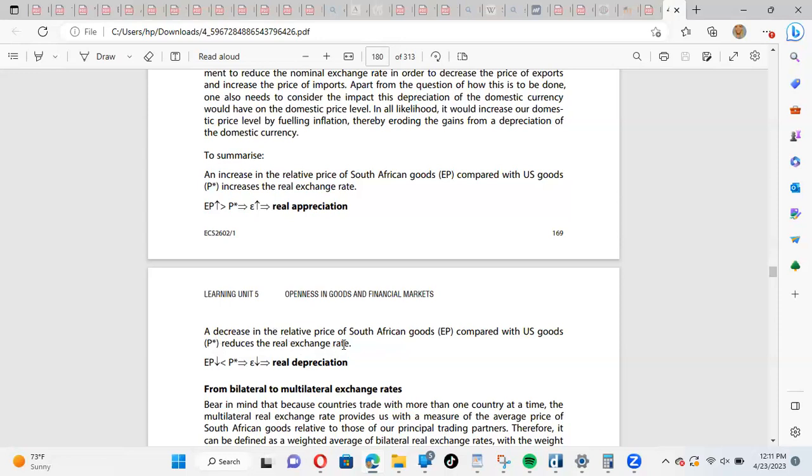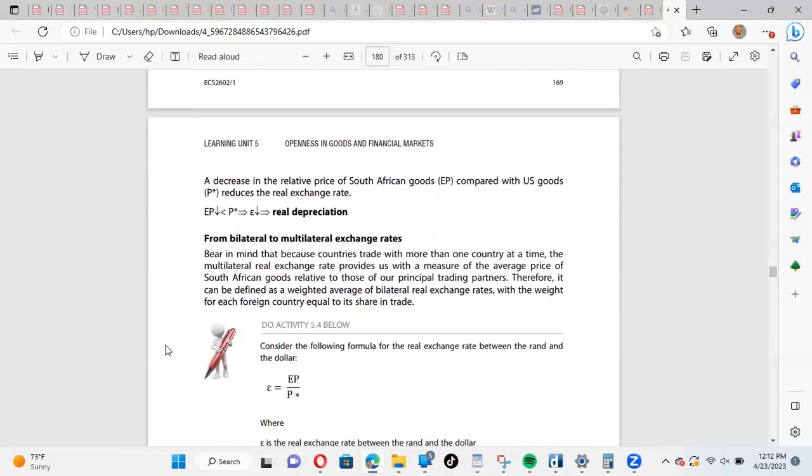At the end of the day, if your prices have generally gone down, whereas ours went up to 35, it was definitely going to result in a real appreciation there. And obviously the opposite would hold true on that.